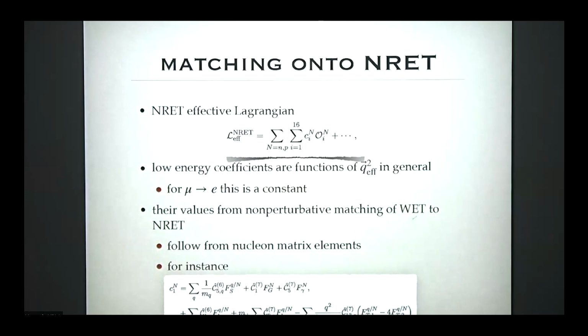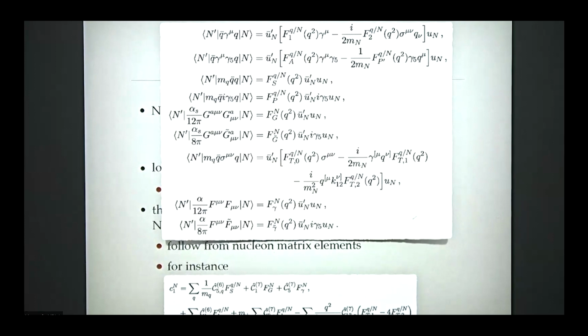So how do you match onto the non-relativistic theory? All you need to do is a non-perturbative matching from the weak effective theory to this theory where your muons interact with the nucleons and convert to an electron, and what you need to do is just write down the hadronic matrix elements for these currents.